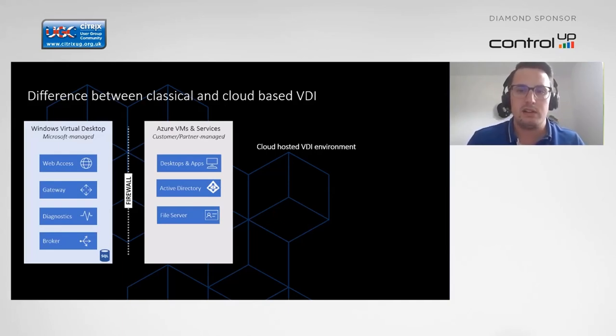In this slide, you can see the services which are completely managed by Microsoft on the left-hand side. And no matter how you want to size your environment, if you need 10 session hosts or 10,000, if you deploy them in one geographical region or in 5 at the same time, that doesn't matter.